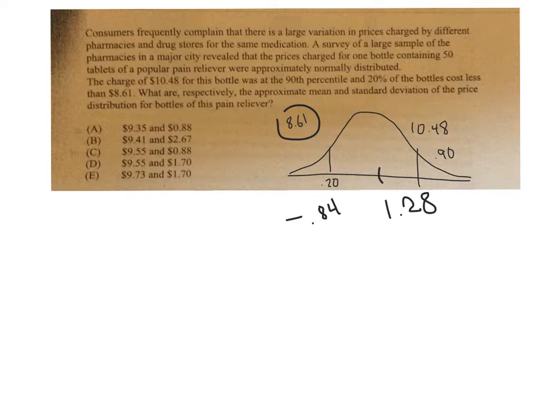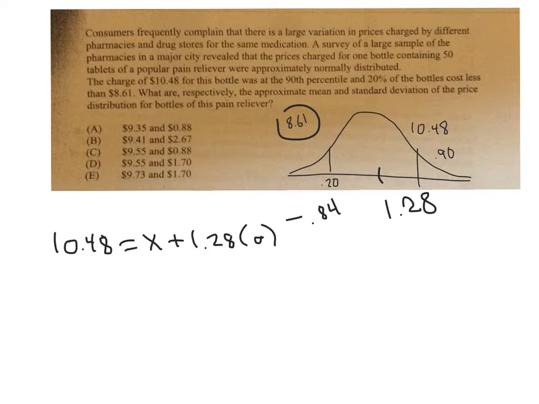Well, let's see. The price, right, is 10.48. Okay. How do we get that price? Well, it's the average price plus 1.28 times the standard deviation.